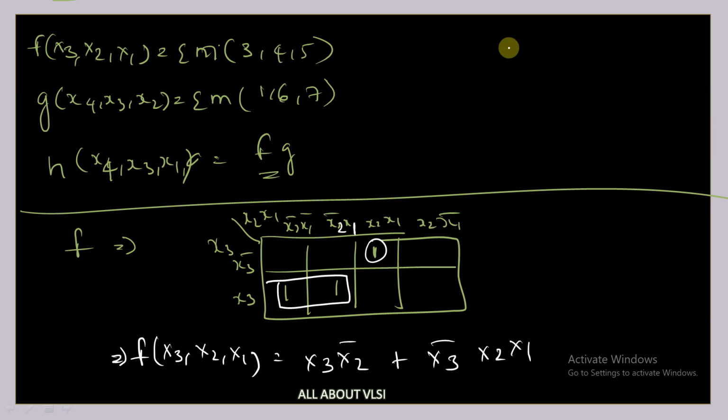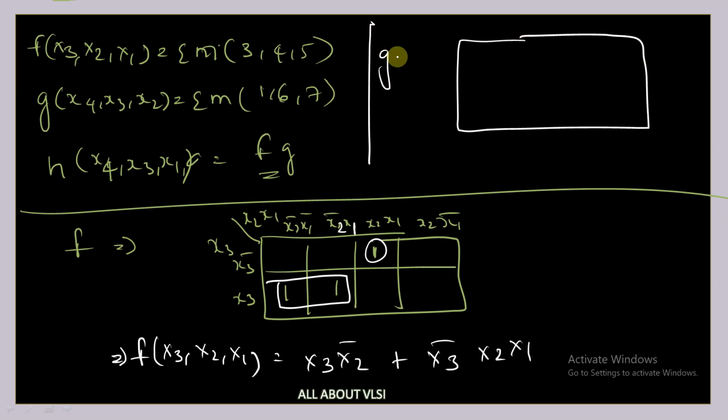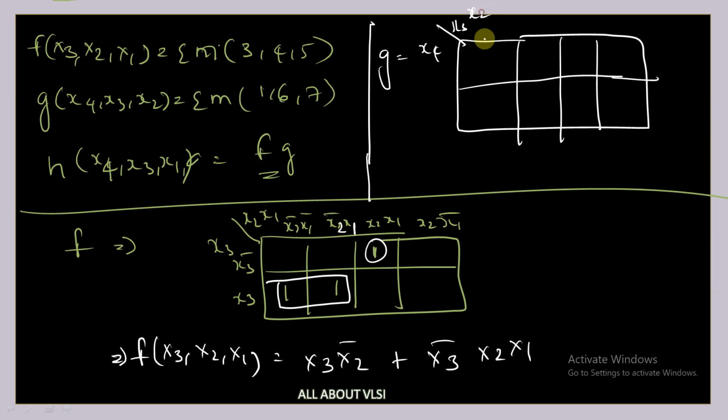Now what is g? I will draw the K-map for g, which is a function of x4, x3, x2, with min terms 1, 6, and 7.